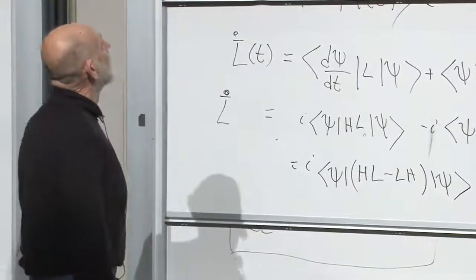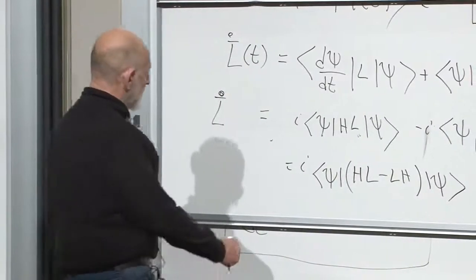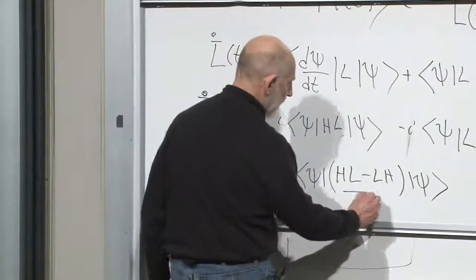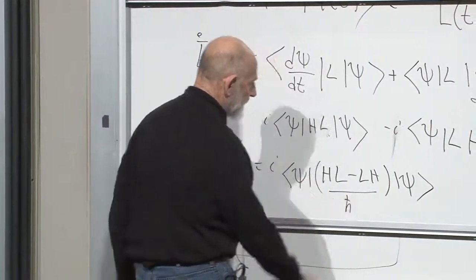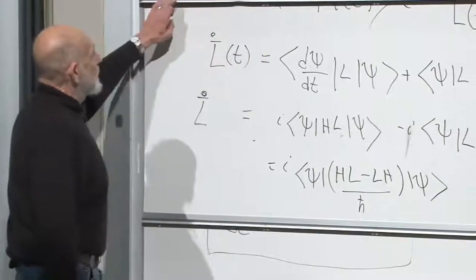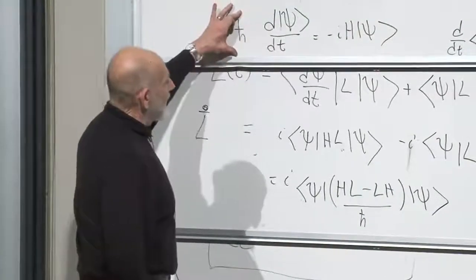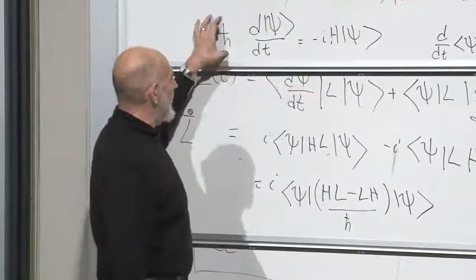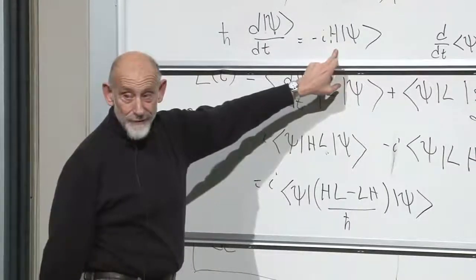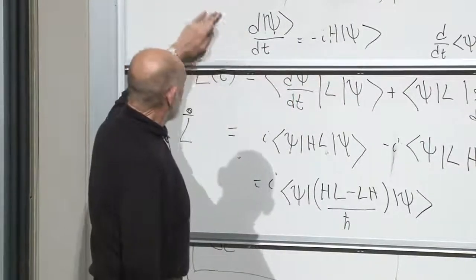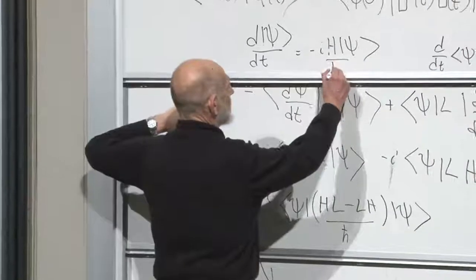I think it appears in the denominator here. Yeah, you see, I got everything right except where I have H, I should have H over H bar. We can rewrite this way, H over H bar.